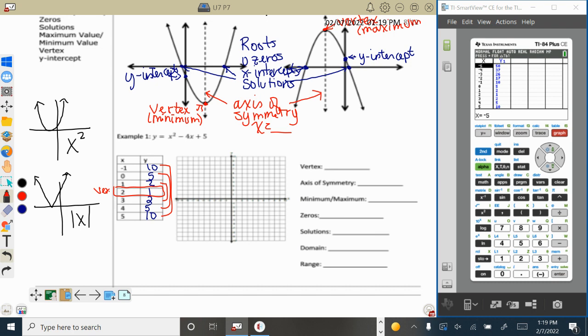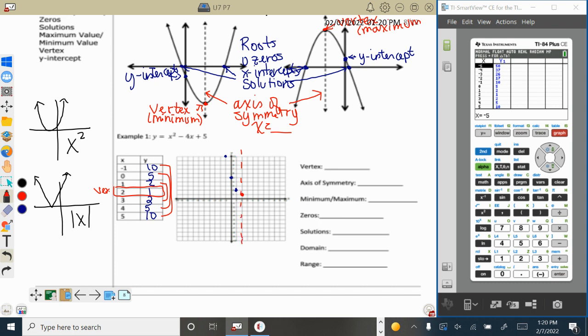So on our graph, that's what we're going to graph first, is that vertex. And then we can graph the other points. So (1, 2), (0, 5), (2, 3), (4, 5), and then (-1, 10). Now, axis of symmetry is going to go through our vertex.